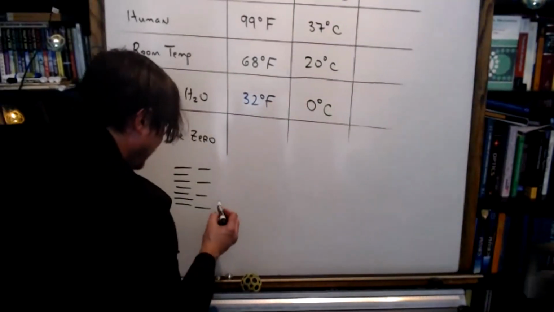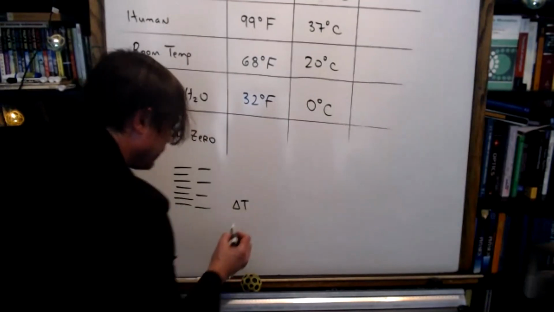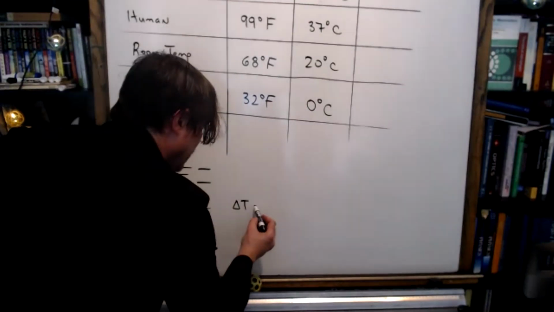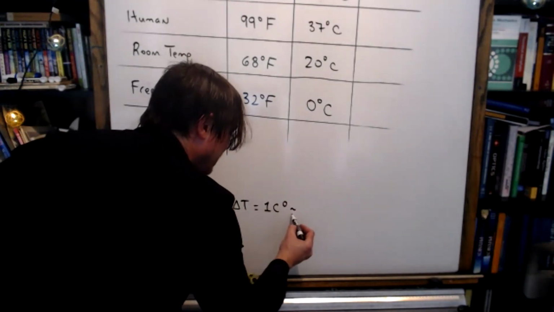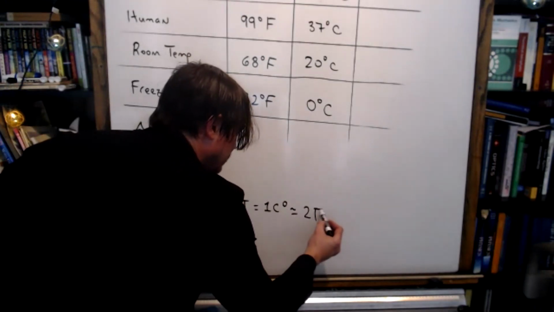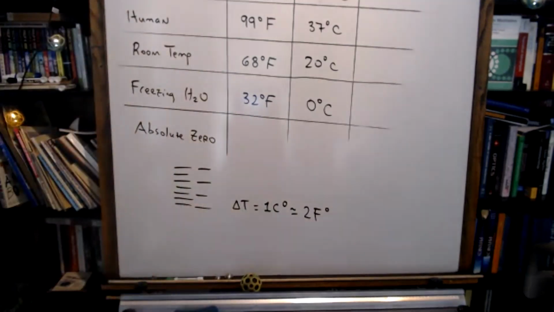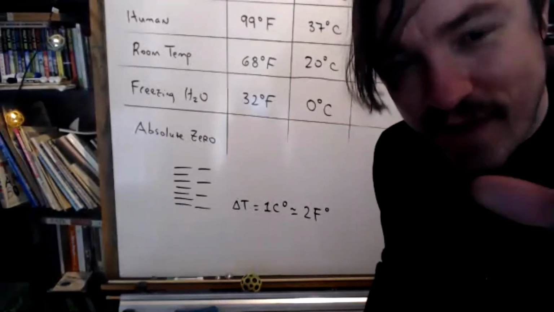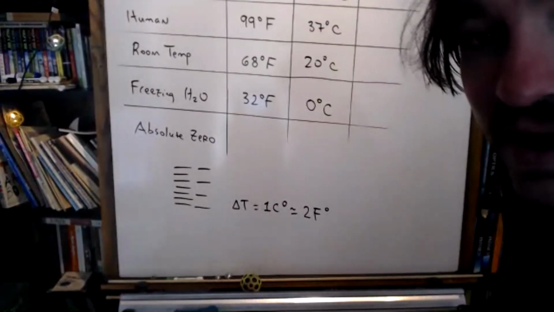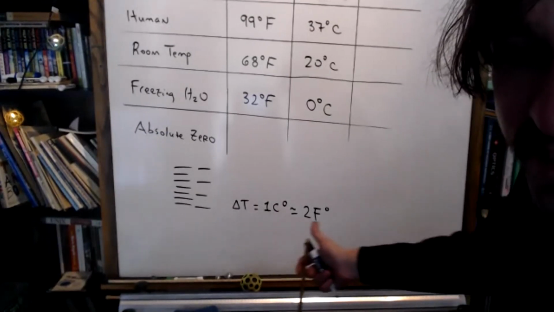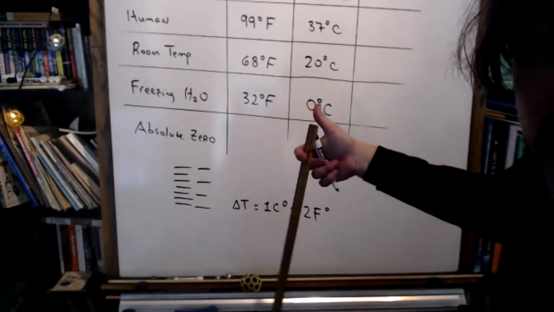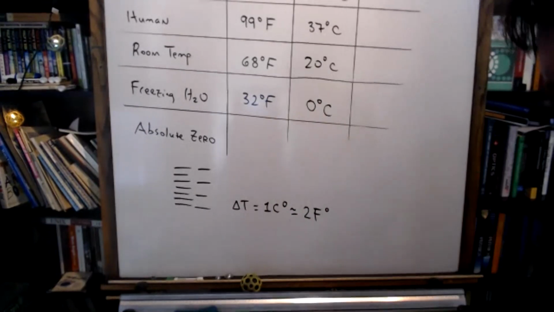So for changes in temperature, for delta T, a change of 1 Celsius degree is approximately equal to a change in 2 Fahrenheit degrees. So Celsius degrees are twice as fat as Fahrenheit degrees are. These are called temperature differentials. These are called absolute temperatures.